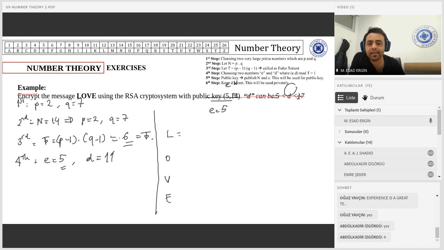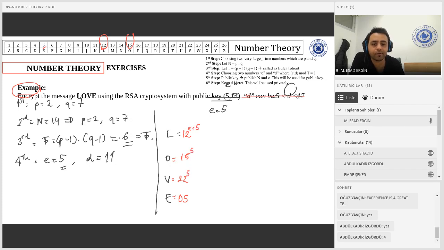Okay, for L equals 12, and O equals 15, which is given here, and V equals 22, and E equals 5. We are going to encrypt the message, so we have to use the encryption key here, which is 5.